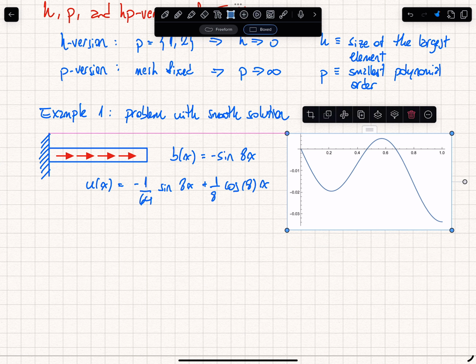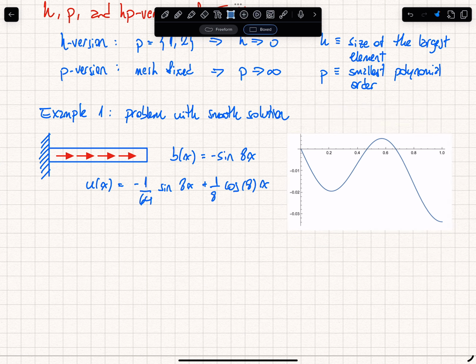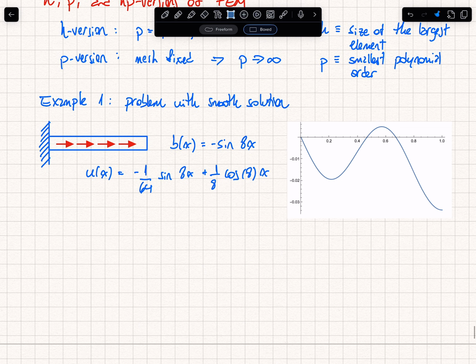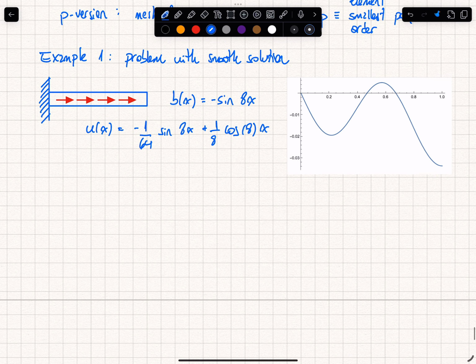So the solution looks like this, and you can see it's very smooth, right? Very, very, very nice. And well, you would expect h-FEM to do very well, right? At least on problems that are smooth, you would expect that the linear and quadratic approximations are going to do well.